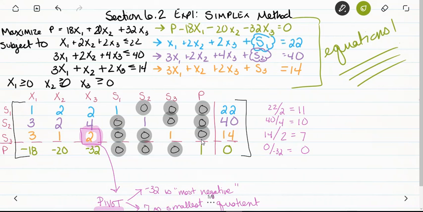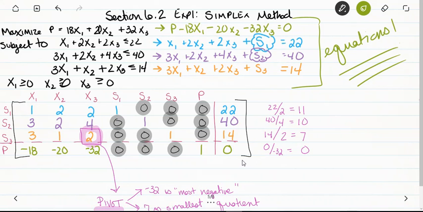And now we're ready to move towards changing this around, just performing some row operations with a goal of getting rid of all these negatives. Everything in this last row here has to be non-negative.